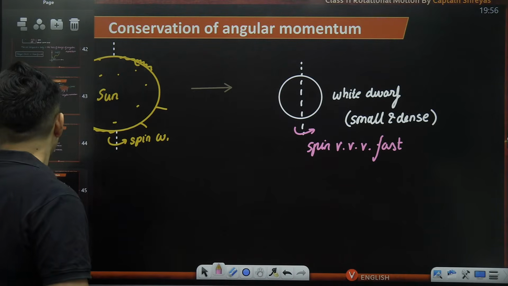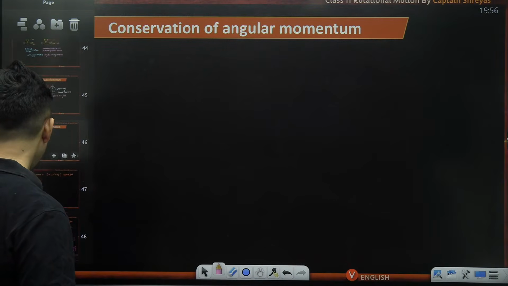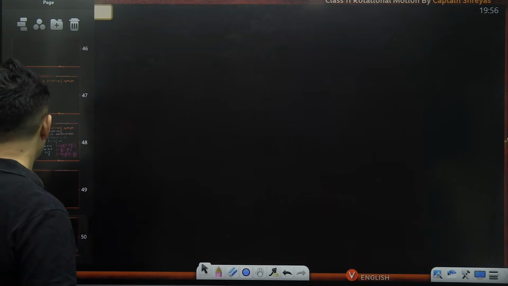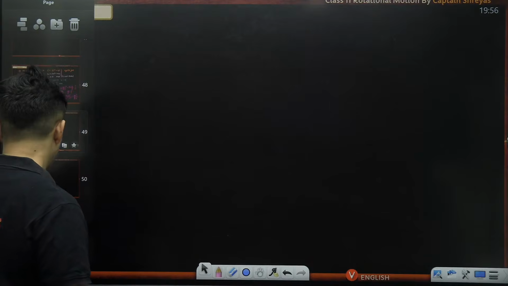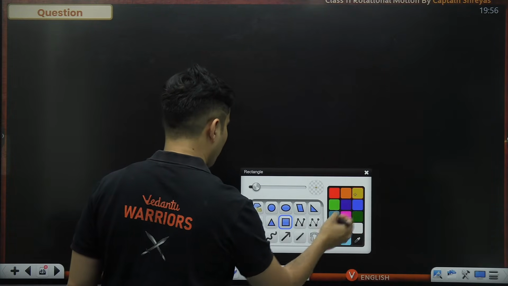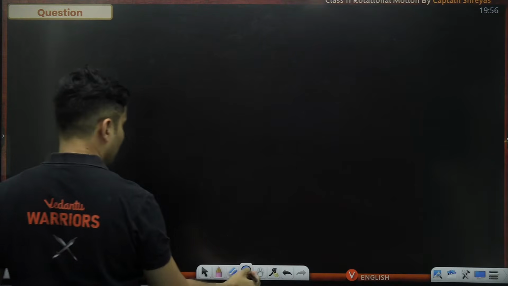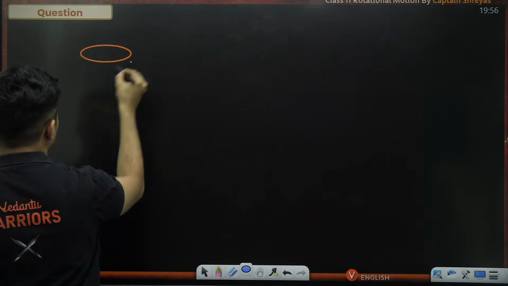Great. So there are many more examples like that on angular momentum conservation. Say, for example, this one. There were two disks given.